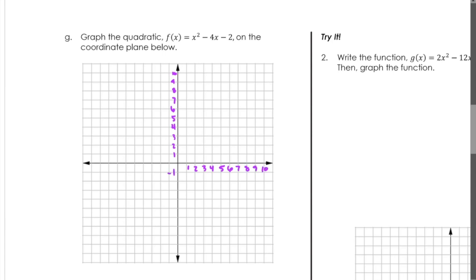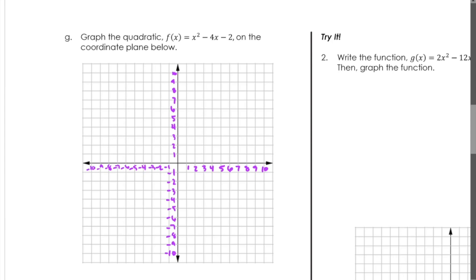We're going to go down negative 1, negative 2, negative 3, negative 4, negative 5, negative 6, negative 7, negative 8, negative 9, and negative 10. Go the same thing, negative 1, 2, 3, 4, 5, 6, 7, 8, 9, and 10.